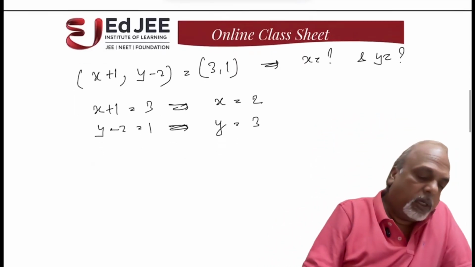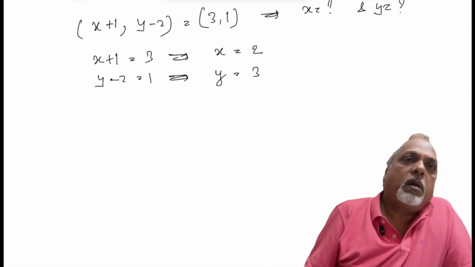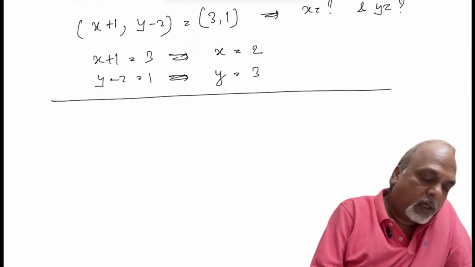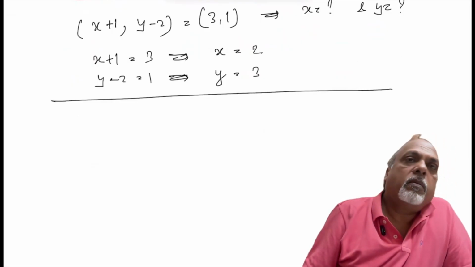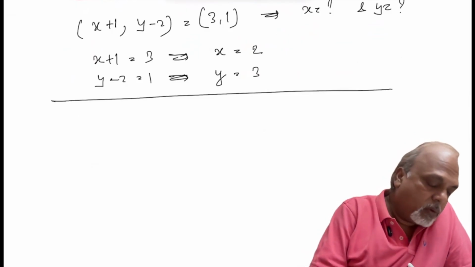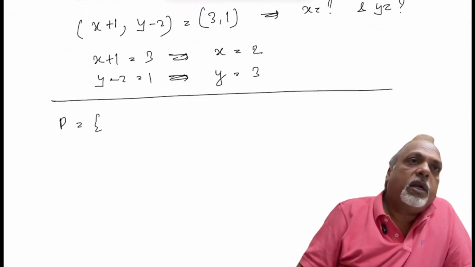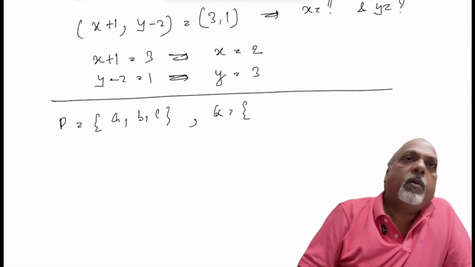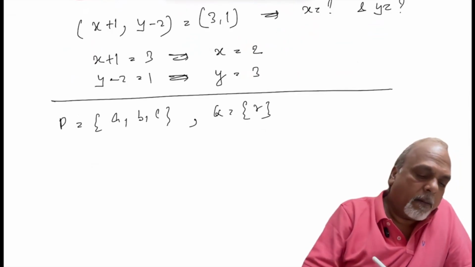Now, let us see this Cartesian product. Suppose you have set P is basically {a, b, c} and set Q is {r}.